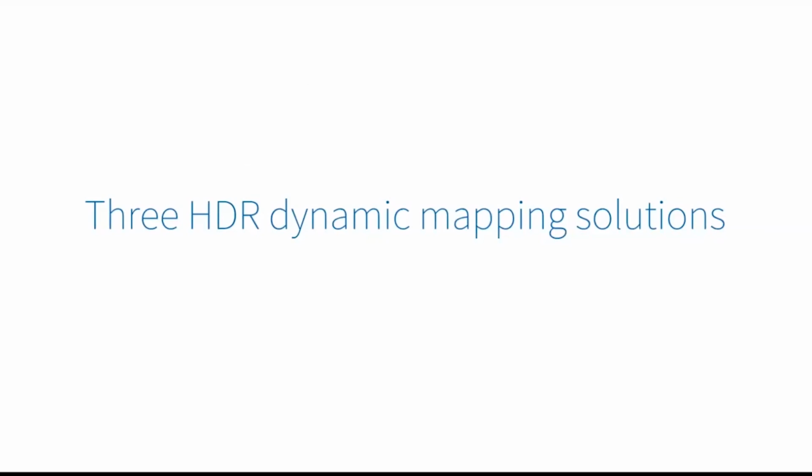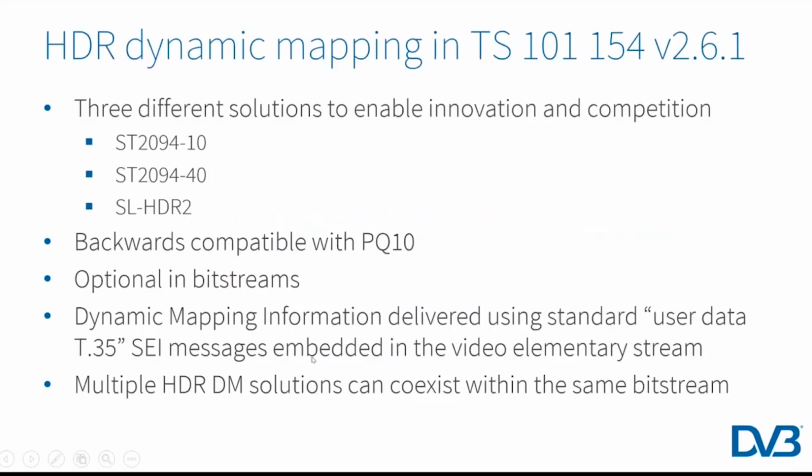So thank you, Jason. Now I'm going to go a little bit into the details of the dynamic mapping solutions that we standardized in our DVB specification. First of all, there were 3 different solutions for dynamic mapping on the market.